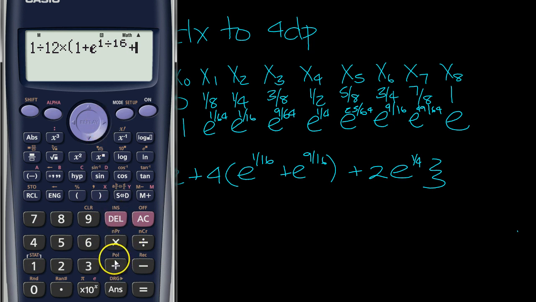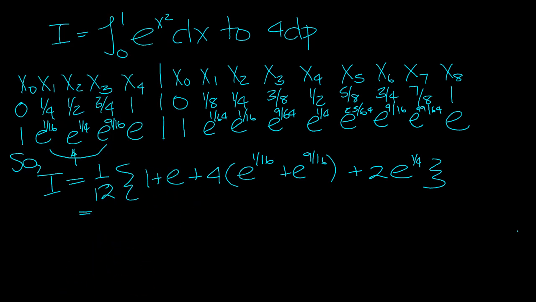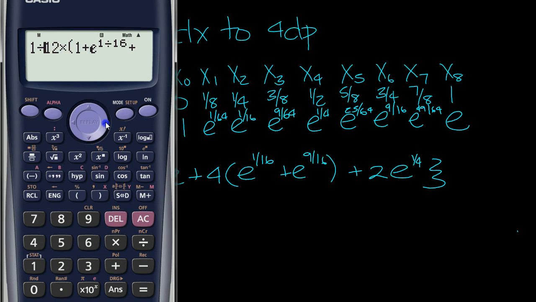So what have I got? 1 divided by 12 plus 4 times... I got this wrong at the beginning. 1 divided by 12, 1 plus e plus 4 times bracket e to the 16th plus e to the 9 sixteenths.